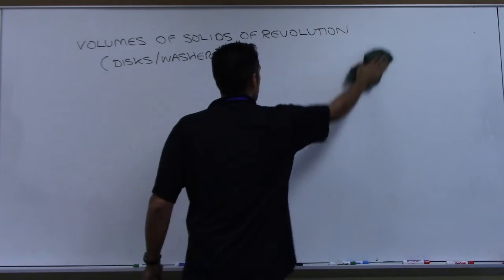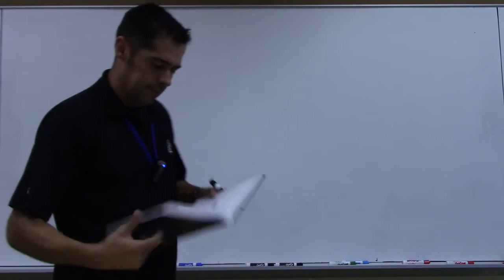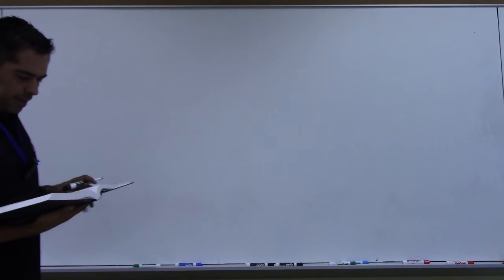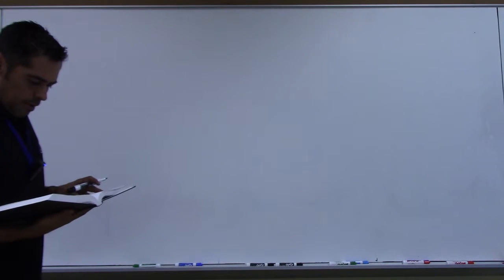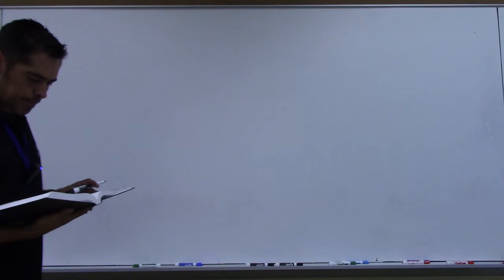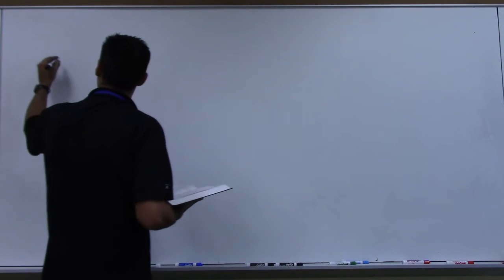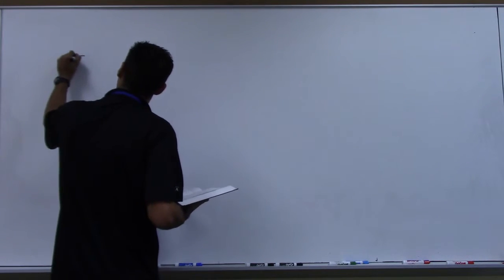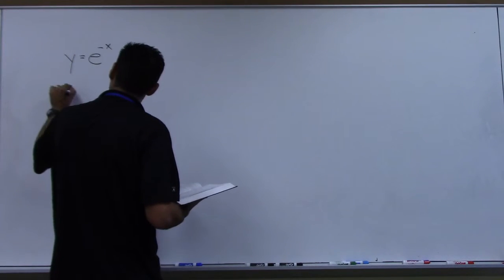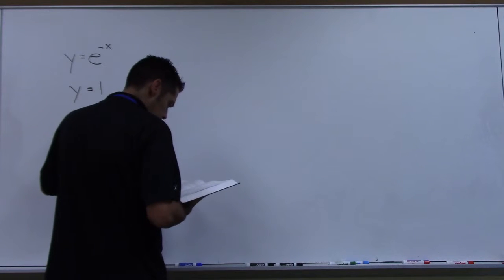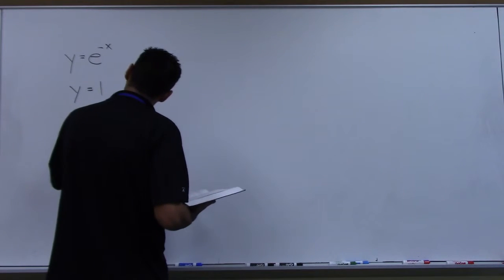Let me try to adapt this problem a little bit. Let me do something a little different. How about we take y equals e to the negative x, y equals 1, x equals 2.